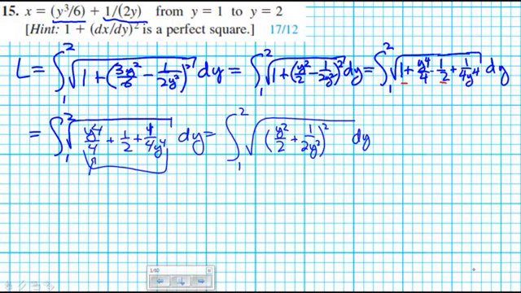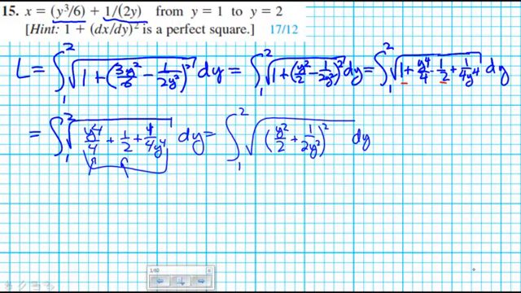If I square this, I do get 1 over 4y to the 4th. If I multiply these two things together, again, the y squares cancel, and I end up with 1/2 times 1/2, which is 1/4. But 1/4 doubled is indeed 1/2. So this is a perfect square, and its factorization is that.